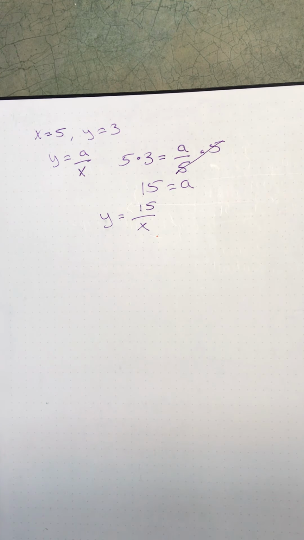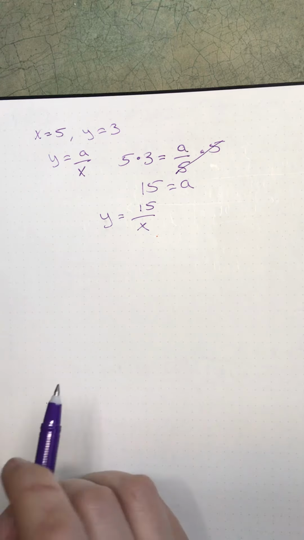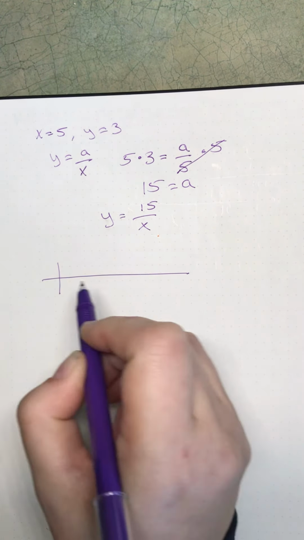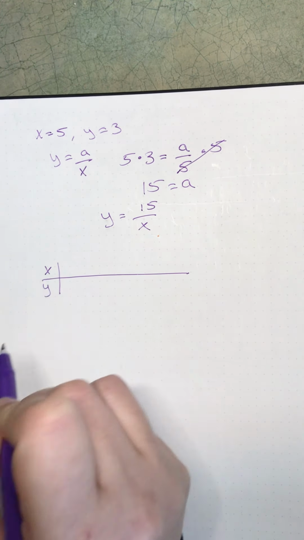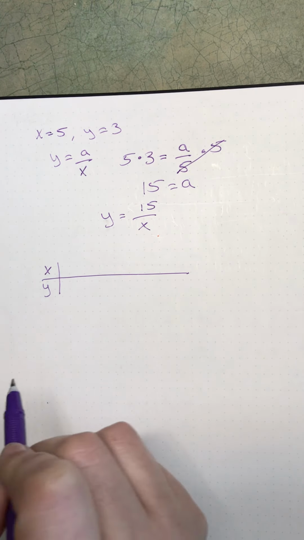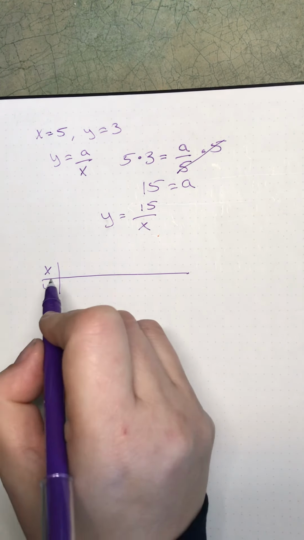To check to see if data represent an inverse variation, we can make a table.